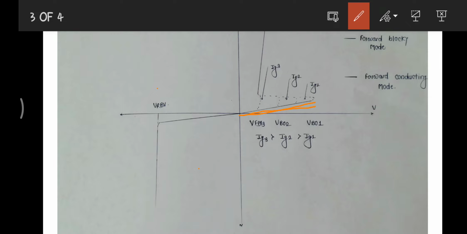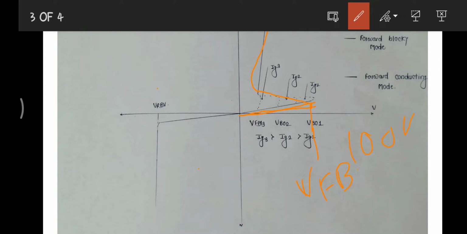Here the voltage is there, no conduction period. Whenever we trigger the gate, at that time the whole voltage gets reduced and the device starts conducting like this. Suppose we apply a voltage, for example 100 volt, which is the forward breakdown voltage.